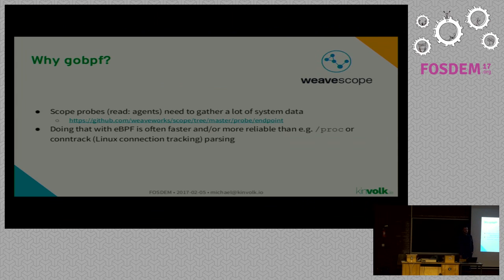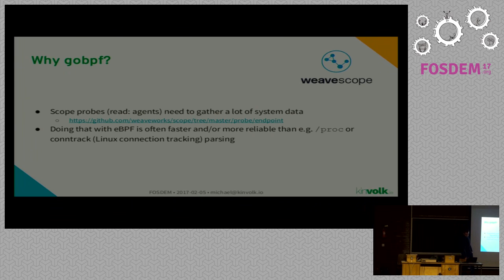Right now their approach is to parse proc and check the conntrack tables, and this is rather difficult to do because you have to scan a lot of data, and that very fast. And when you have a lot of processes or a lot of containers, it can be tricky to do that reliably and fast. Depending on the use case, it's much nicer to have eBPF there because the kernel is doing a lot of work, and you just have to read the events then.